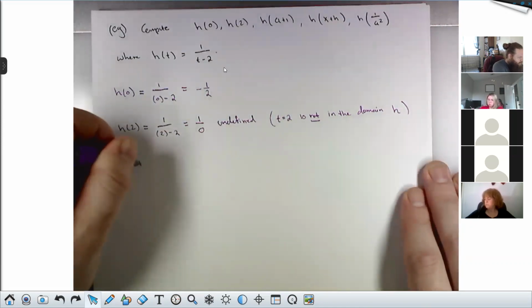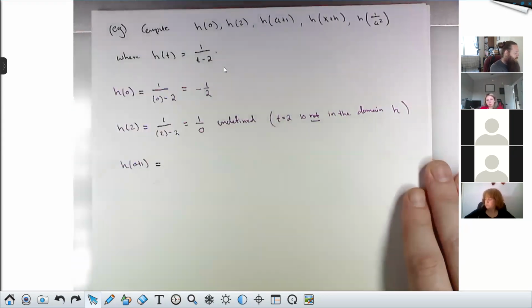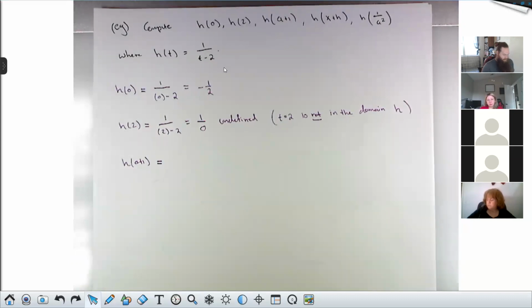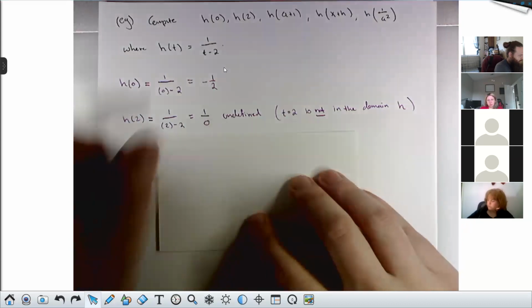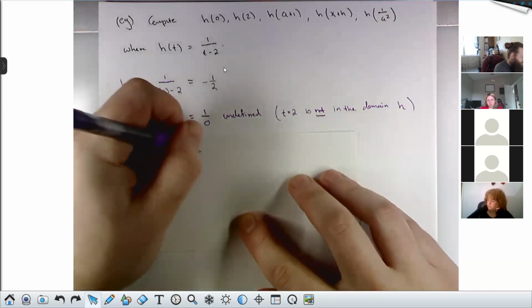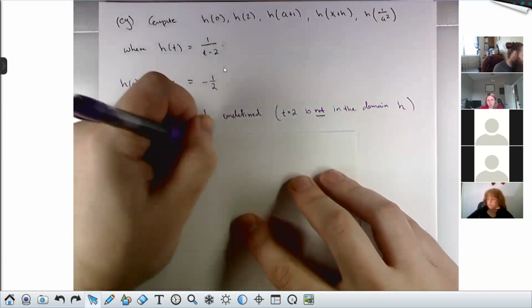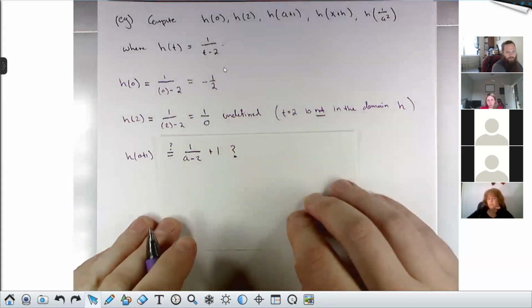h of a plus 1. Well, let me ask a question. So, is this equal to 1 over a minus 2 plus 1? Do me a favor, don't write this down, just help me out.